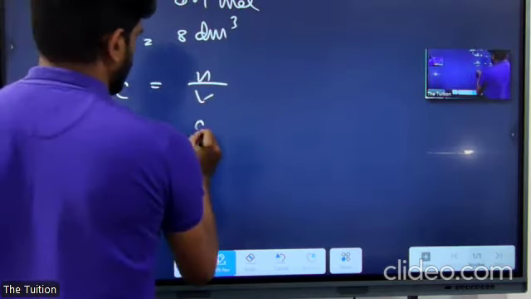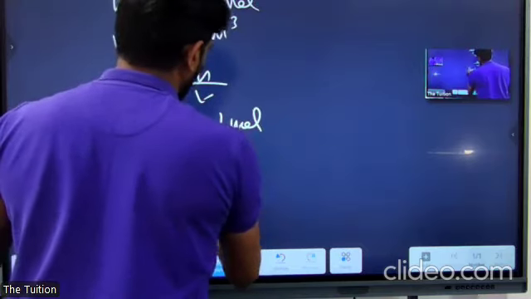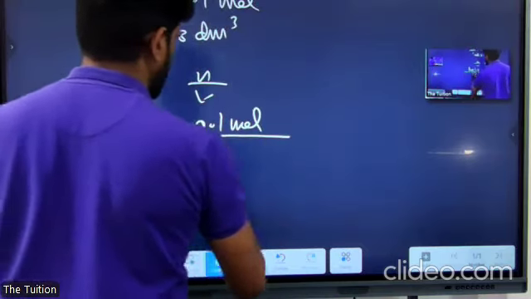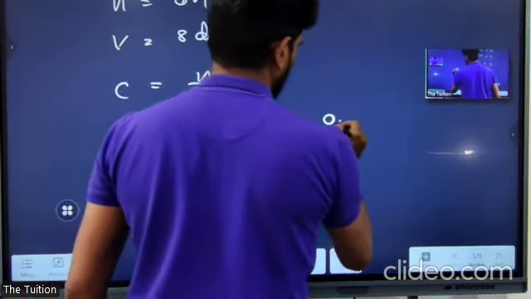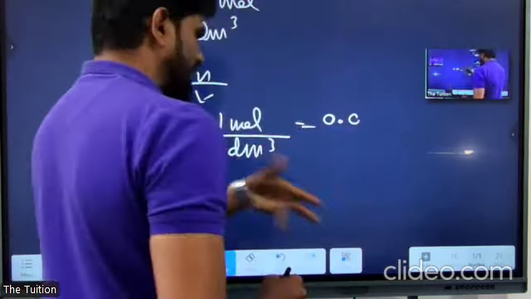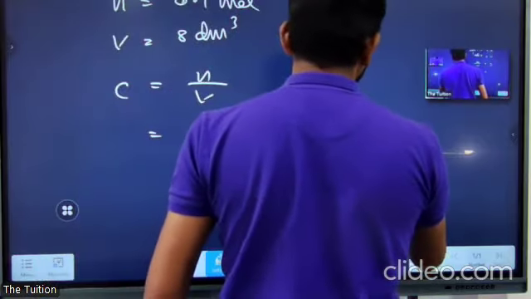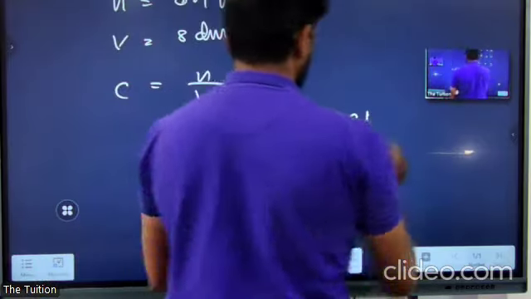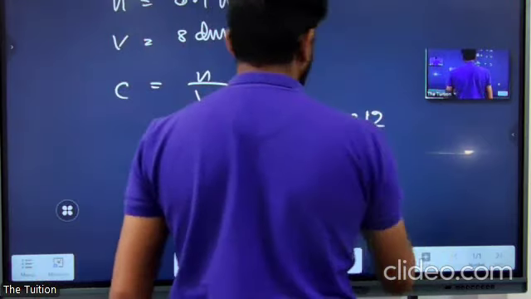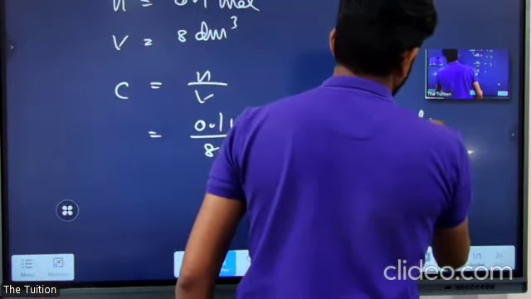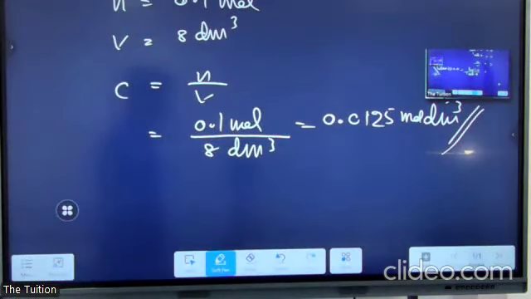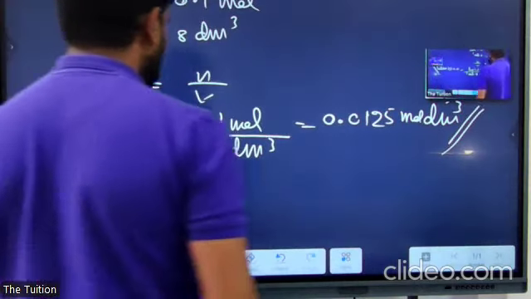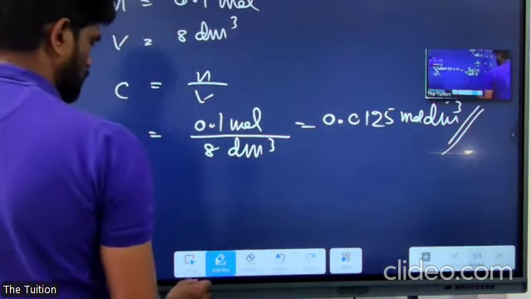N means 0.1 mole divided by V means 8 cubic decimeter. 1 divided by 8 means 0.125 mole per cubic decimeter. This is the concentration. Right. Then I will erase this one.